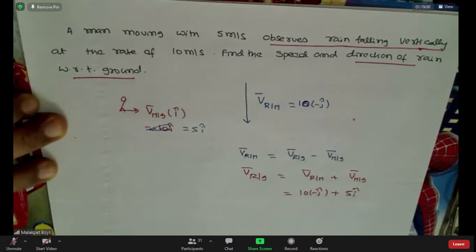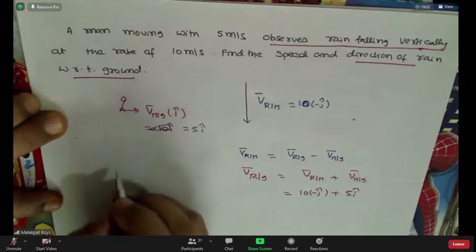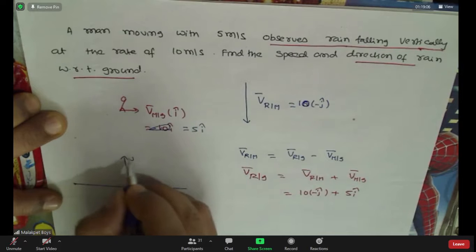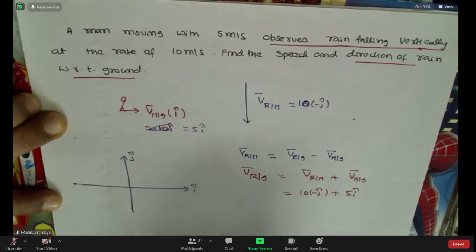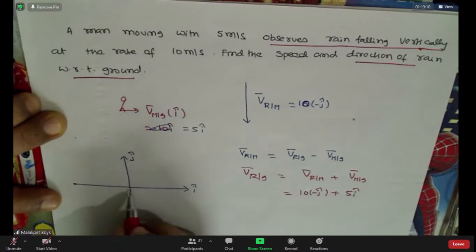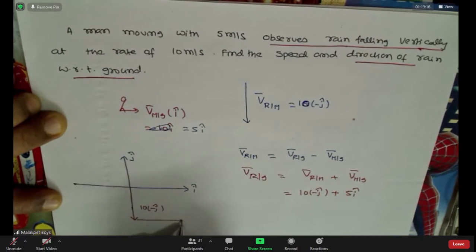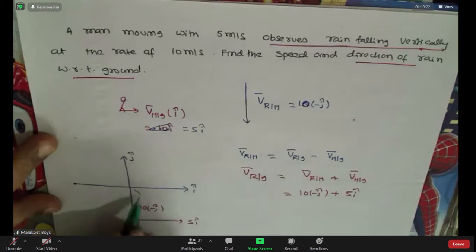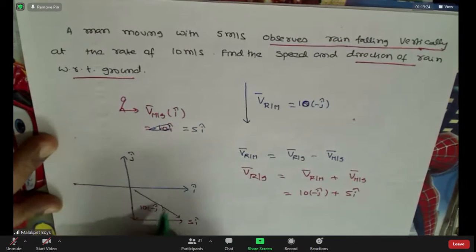After that, simply construct the vector diagram. Nothing is there in this. You have taken this as j, this is i. So this is 10 minus j, and this is 5i. So this should be the velocity of rain with respect to the ground.